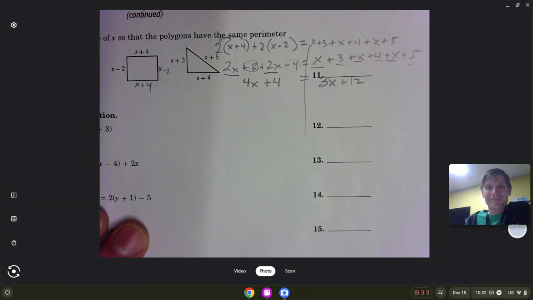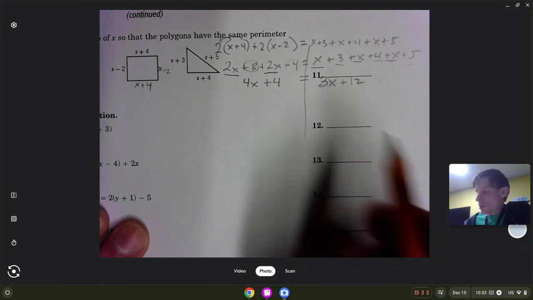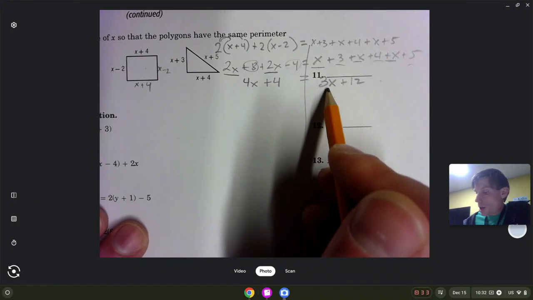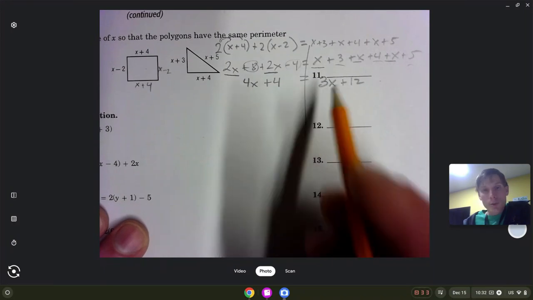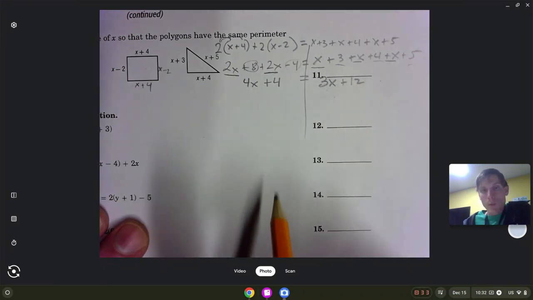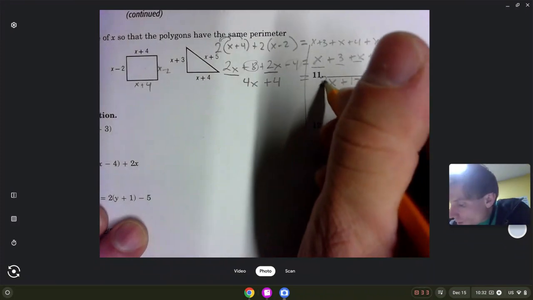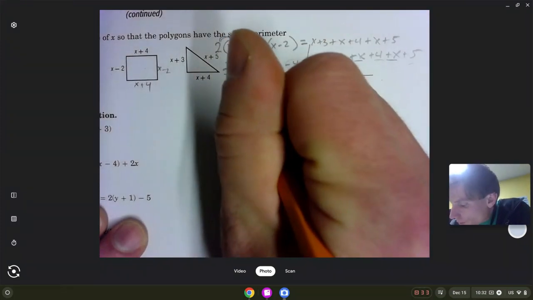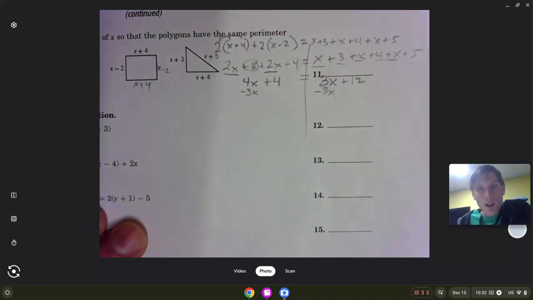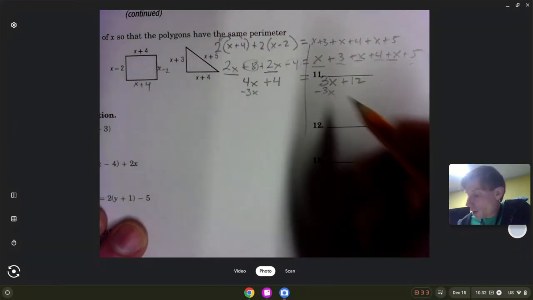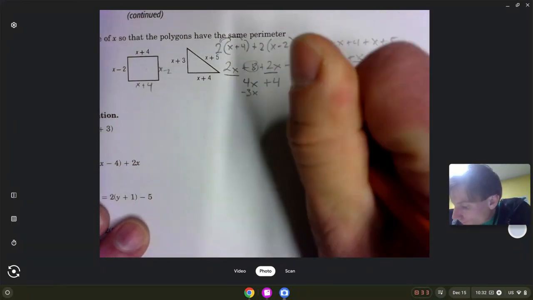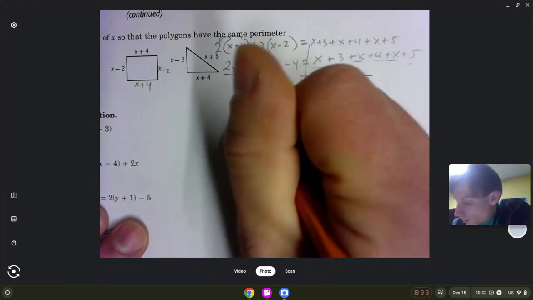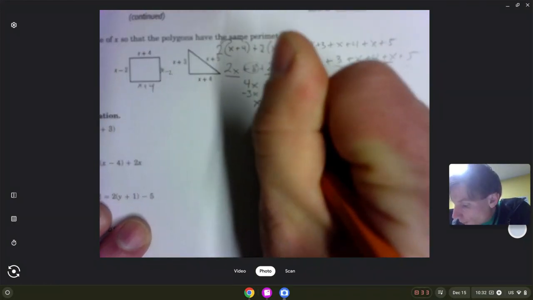All right. So again, we need to get x all alone, so we did distribute, combine. Now we do m, which is move the variable. So this 3x, the opposite of 3x is a minus 3x. Whatever we do to one side, we do to the other side of that equal sign. Cancels out, we're left with 12. 4x minus 3x is x, and we have that 4.